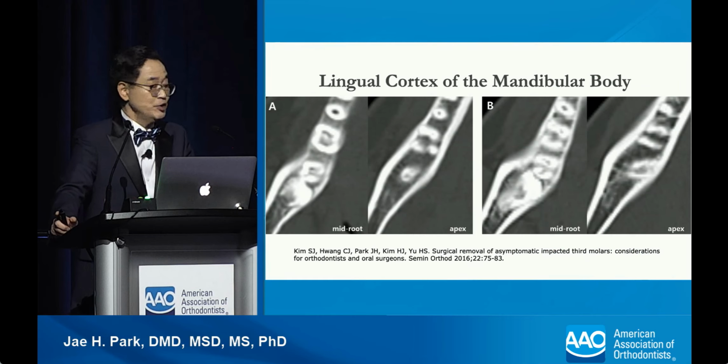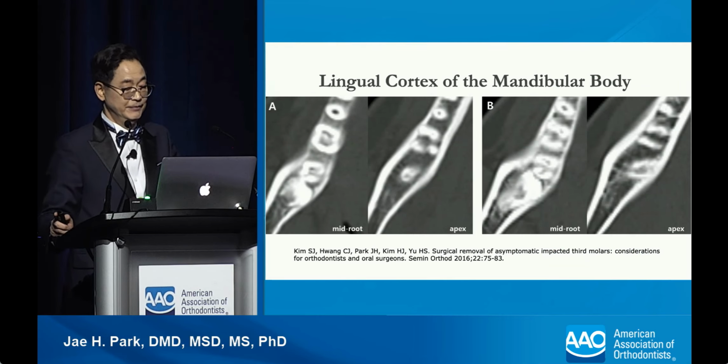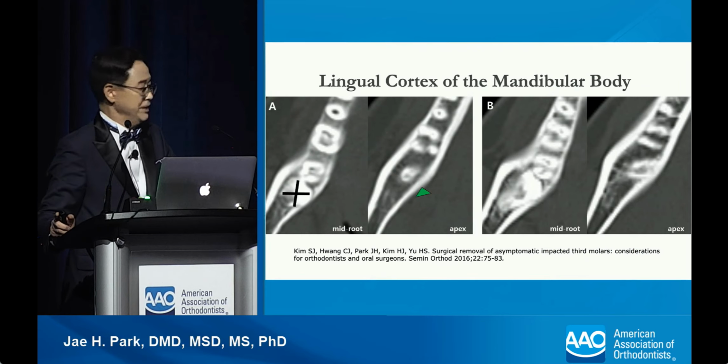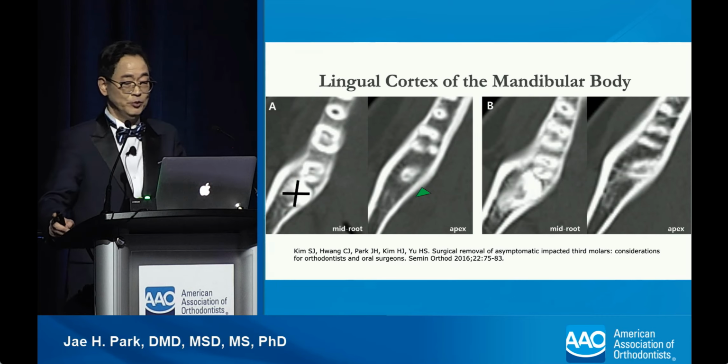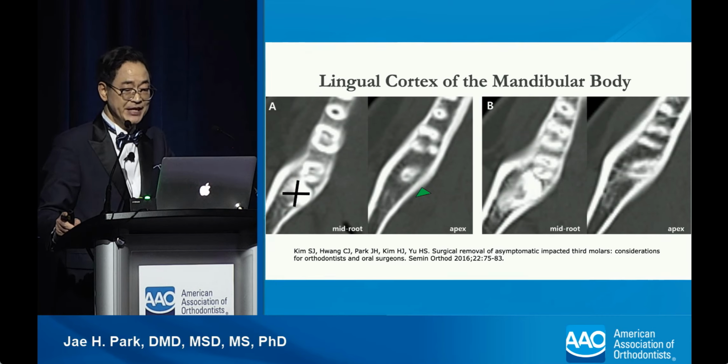In my special issue, my colleagues in Korea published this article. The arrow is the lingual cortex of the mandibular body. In patient A, after extraction of lower 8, there is a space for lower 7 distalization.